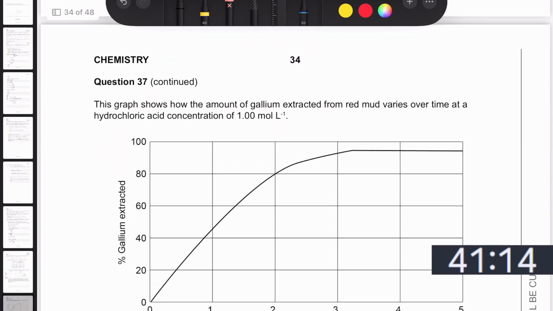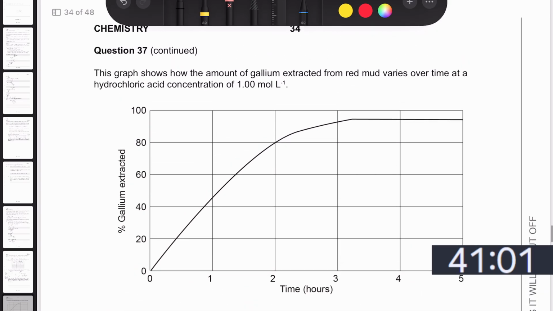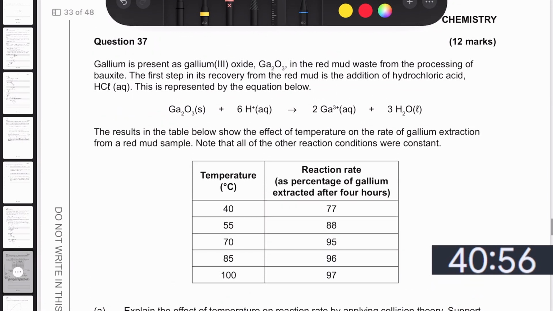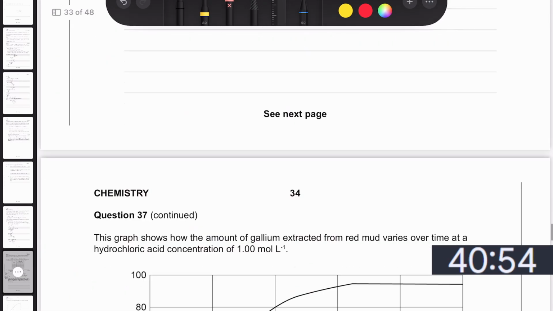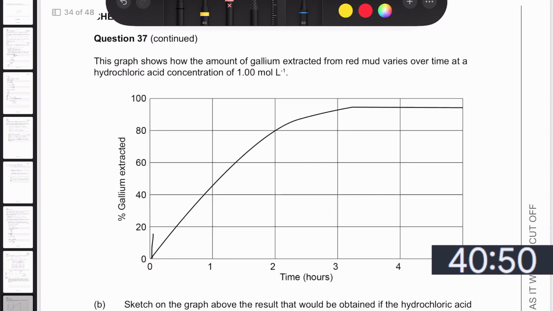This graph shows how the amount of gallium extracted from red mud varies over time at a hydrochloric acid concentration of that. Sketch on the graph what would be obtained if the hydrochloric acid concentration was changed to 2 moles per liter. So again, it would simply reach the maximum faster.